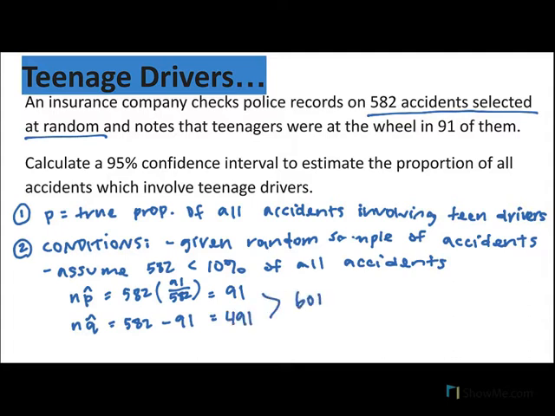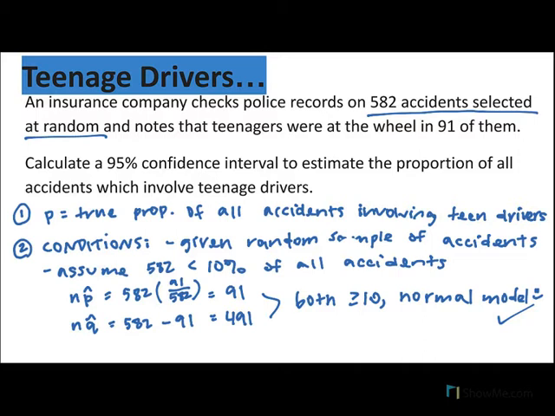And both of those are greater than or equal to 10, which means that a normal model is okay to be used on this problem. Check. Sometimes I'll put normal model smiley face, something like that. So that is our second step.